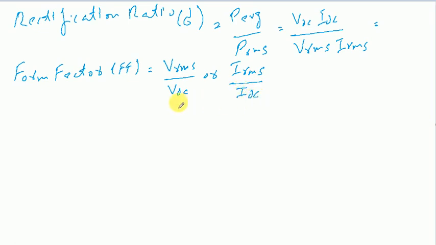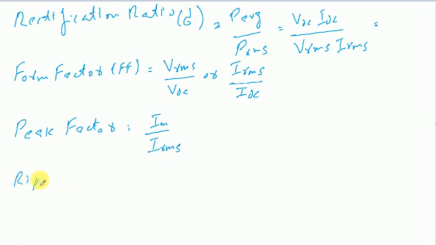Either of them can be used for this form factor. Another term associated with these converter circuits is known as peak factor. Peak factor is basically the ratio of the maximum value of current to the RMS value of current. Okay.